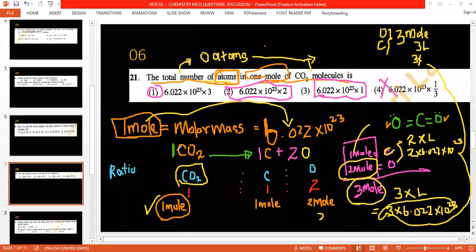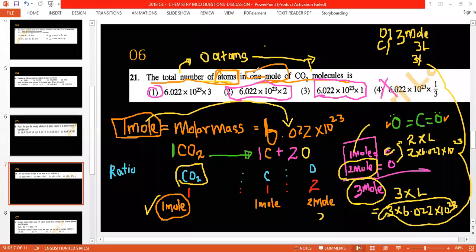And if you take one carbon dioxide molecule, it will have one carbon atom and 2 oxygen atoms. So if you take 1 mole, it will have 1 mole of carbon and 2 mole of oxygen. How many atoms of carbon? 1 mole of carbon. So it's correct, 1 into 2.